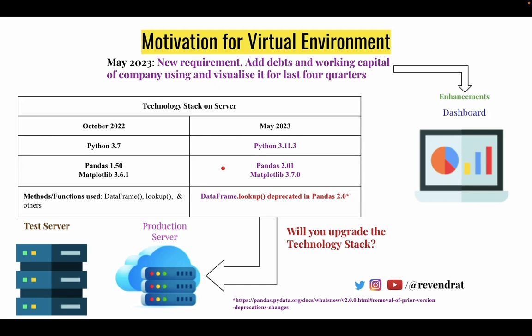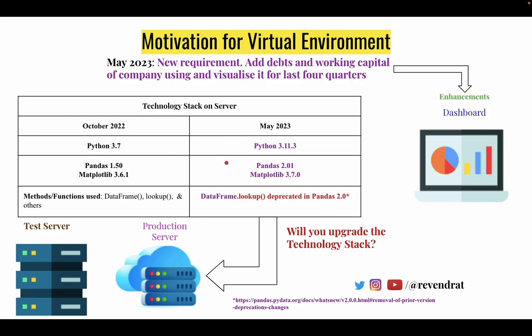This decision is not very simple because when you look at the documentation of Pandas 2.0.1, you find that the lookup function you used earlier is no longer available in Pandas 2.0.